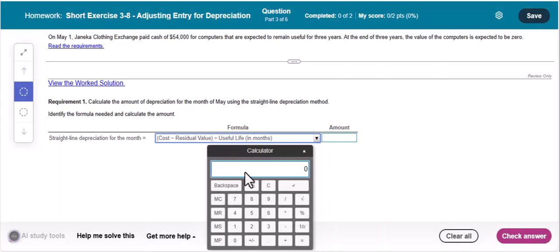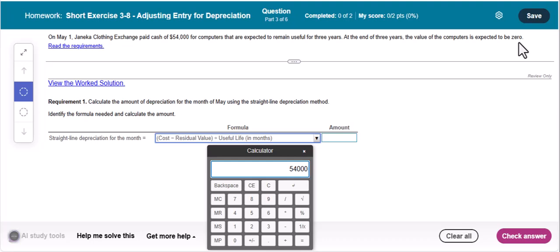We've got our cost. We paid cash of $54,000 for these computers. So we're going to take that cost, we're going to subtract out the residual value, which is expected to be 0 at the end of the 3 years. And that is the amount that they think they can sell it for at the end of the useful life, and that's 0.